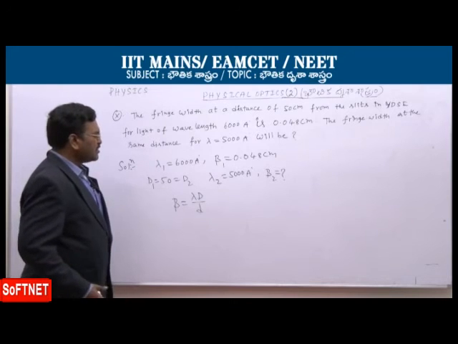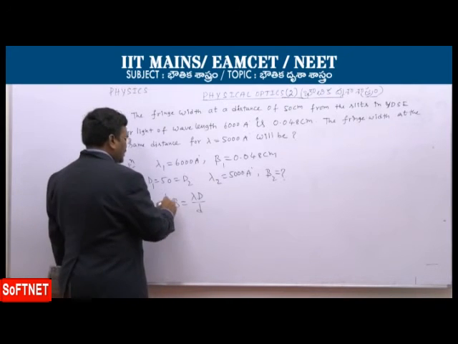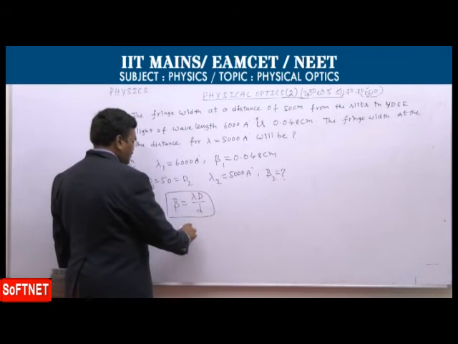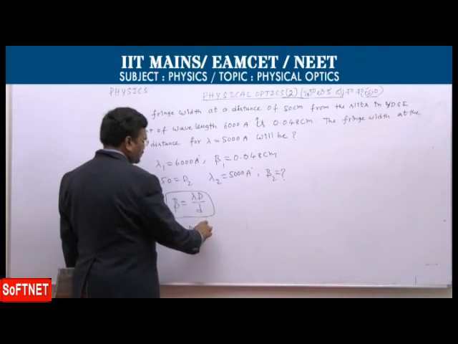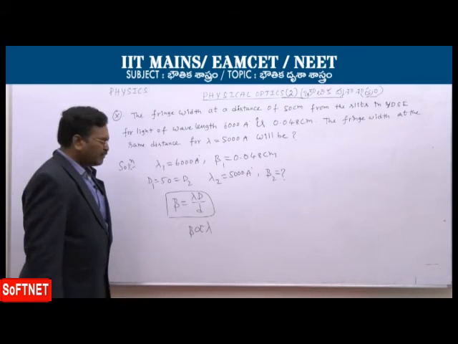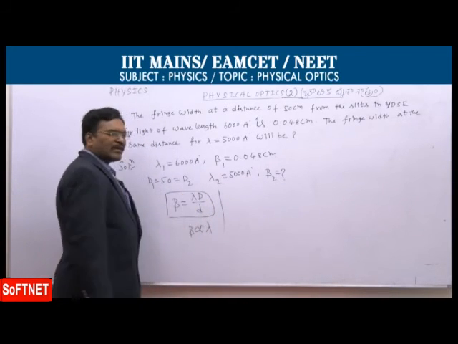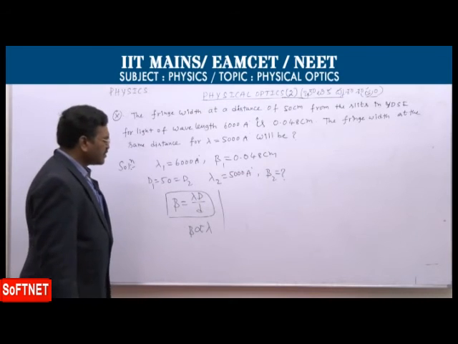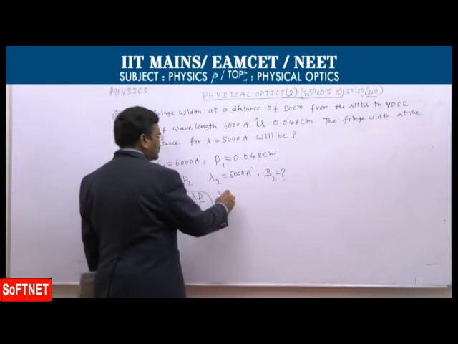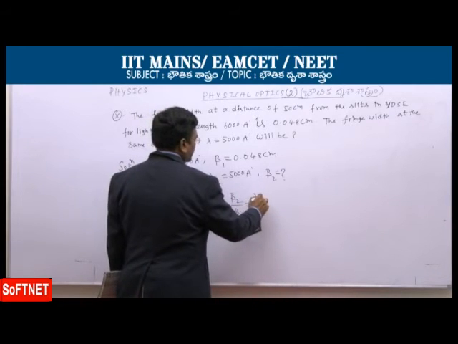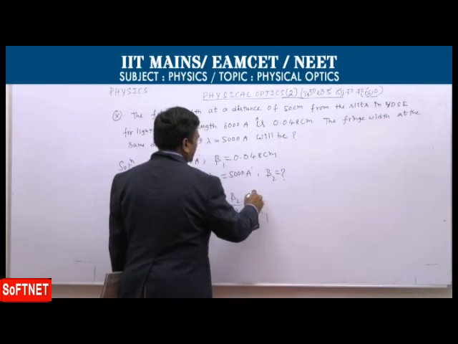This derivation was explained in the last class: beta is proportional to lambda. So beta 2 by beta 1 is equal to lambda 2 by lambda 1.